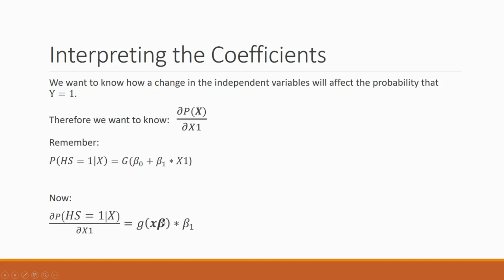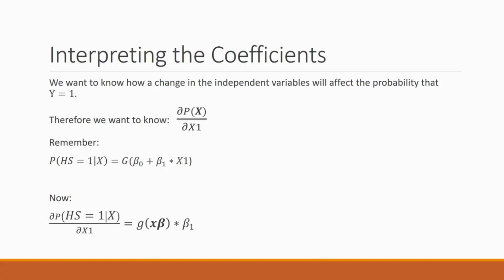Now what does this mean? Why is that important? The reason is that beta 1 hat, when we estimate this in a probit or logit model, is actually not going to give us the marginal effect. Beta 1 doesn't give us how much the probability changes given a change in x. What we need is this whole expression.